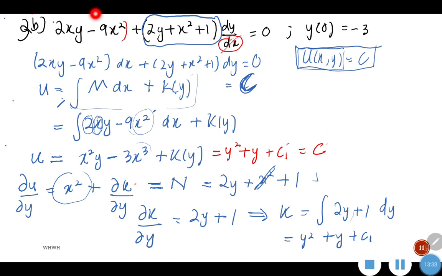Maknanya k(y) ni yang kita gantikan dengan y square plus y plus c1. So jawapan dia adalah x square y minus 3x cube plus y square plus y plus c1.